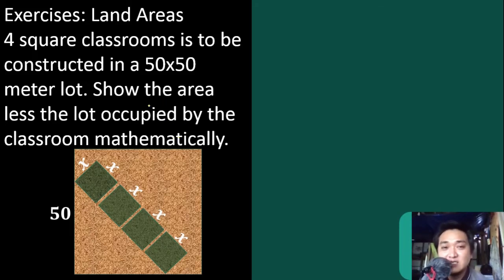So, what is being asked here is the mathematical representation of the total area less the area occupied by the 4 classrooms. So, how are we going to do that? First, let us define the area for each classroom.